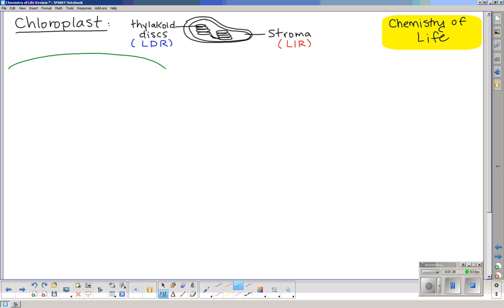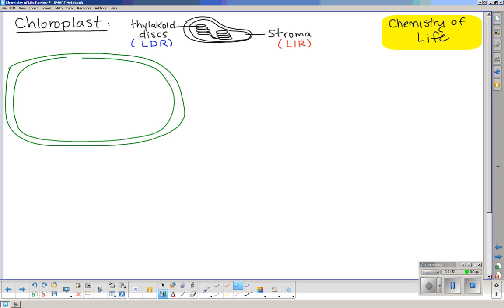So let's draw a big oval shape and then add the membrane into this oval shape. Embedded in the membrane are many different molecules that make this reaction go. Because it's dependent on light, light needs to strike part of this membrane. Light strikes a photosystem.